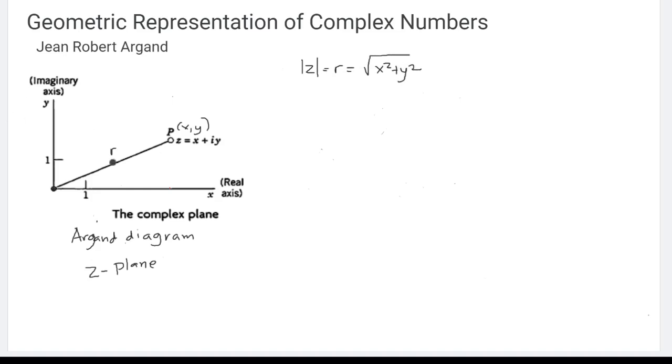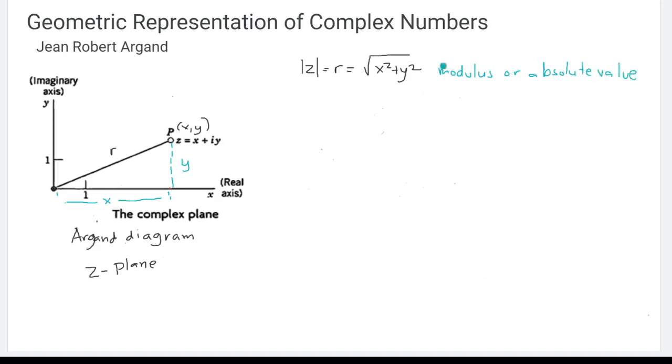If we observe our plot, this is y and this is x. If we want to get the value of r, that's simply using the Pythagorean theorem, that's square root of x squared plus y squared. And this is called modulus, or absolute value of our complex number.